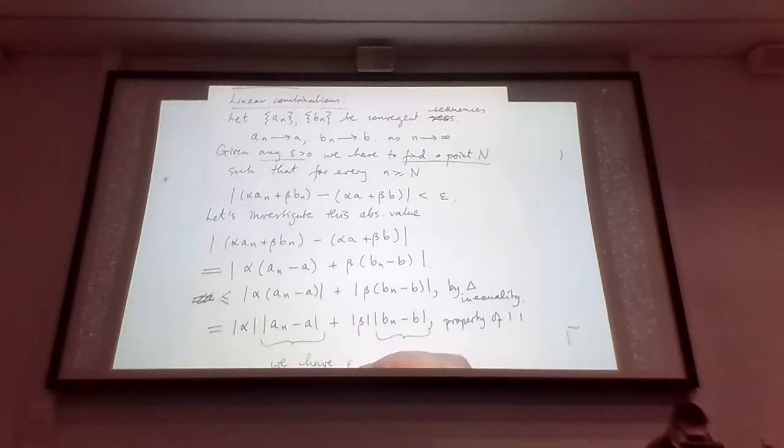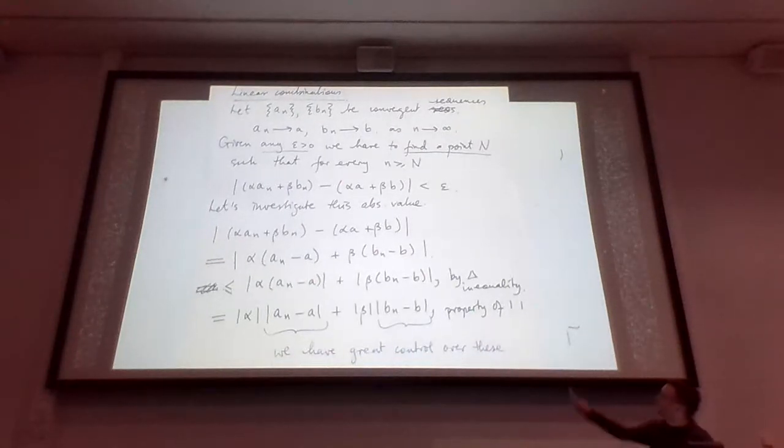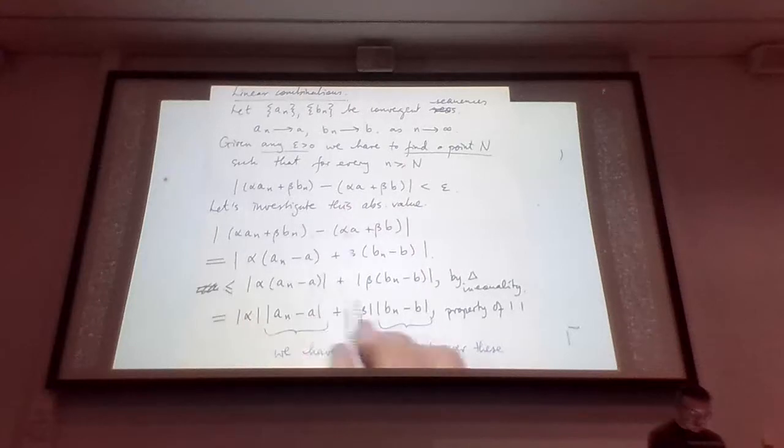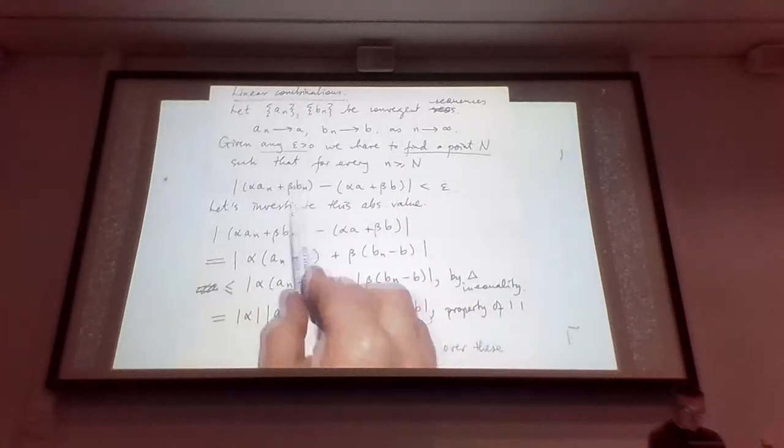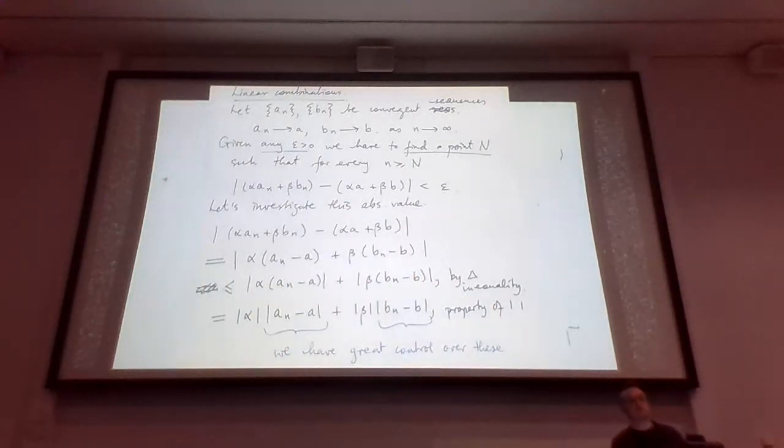We have great control over these. So we can use that control to control the size of this thing, and because it's bigger than or equal to the absolute value we're interested in, that will control the size of the absolute value.